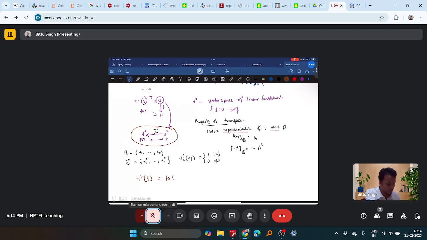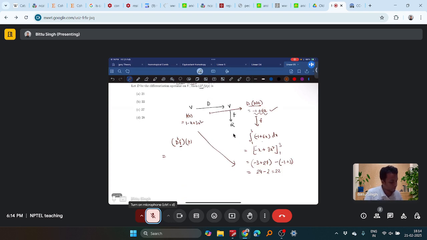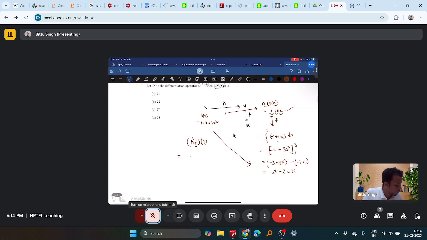It is same as f compose T. Now f is a map from V to R. So if you take any element v from this, T transpose f of v is same as f compose T of v. That is what we have done. D transpose f of p, instead of vector v, here we have a polynomial p. So this is by definition f compose D applied on p.